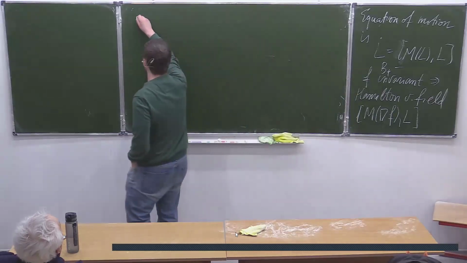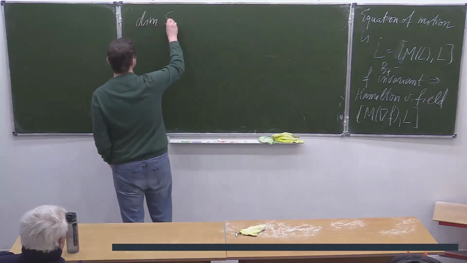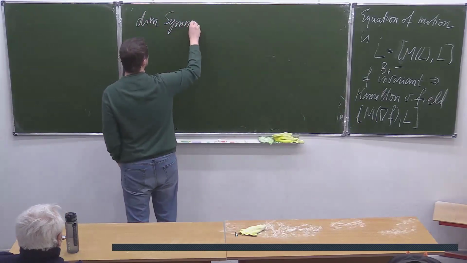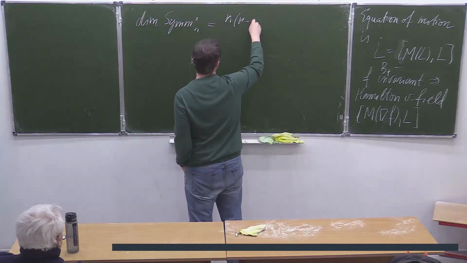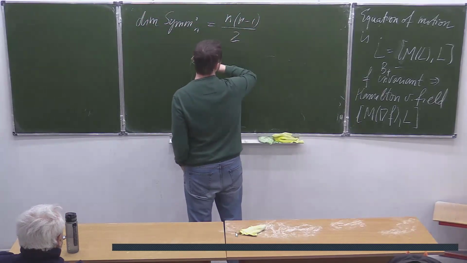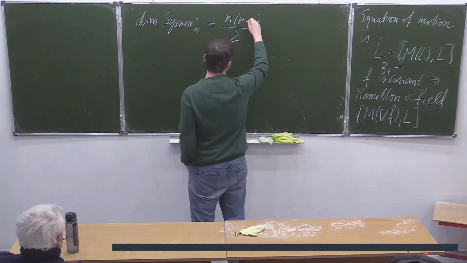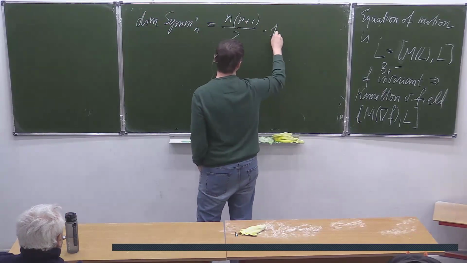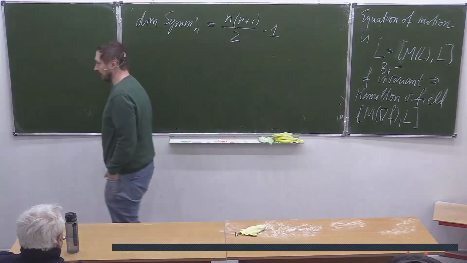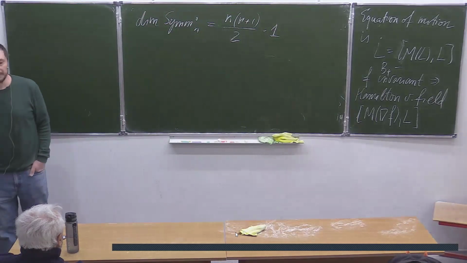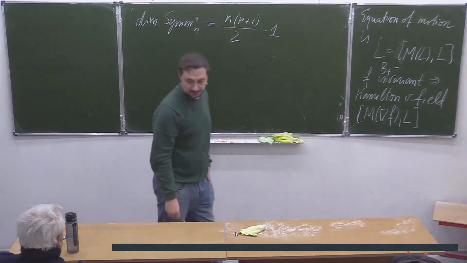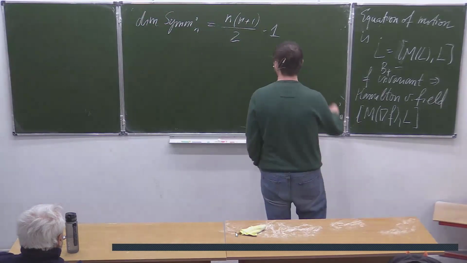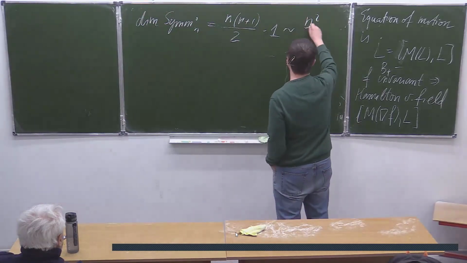The dimension of symmetric matrices is in fact equal to n times (n plus 1) divided by 2, minus 1. This minus 1 comes from the condition that I assume the trace is equal to 0. I have to subtract 1 to make sure. So it's proportional to n squared divided by 2.